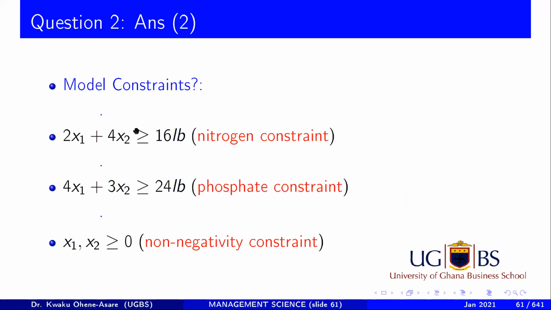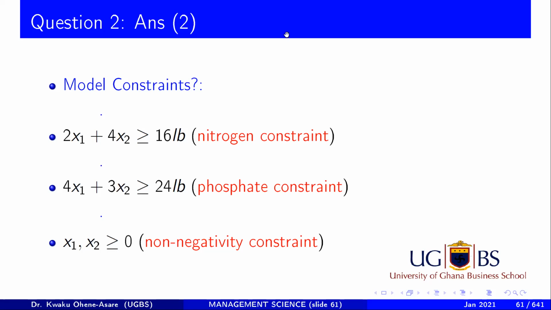The usage should be greater than or equal to 16 pounds of nitrogen. The amount of nitrogen that is used should be greater than or equal to the minimum requirement, which is 16. Whatever we are using, 2x1 plus 4x2, is supposed to be greater than or equal to 16.